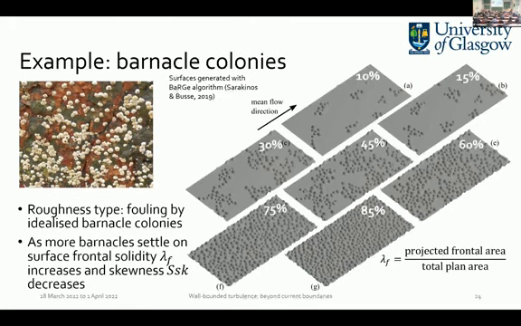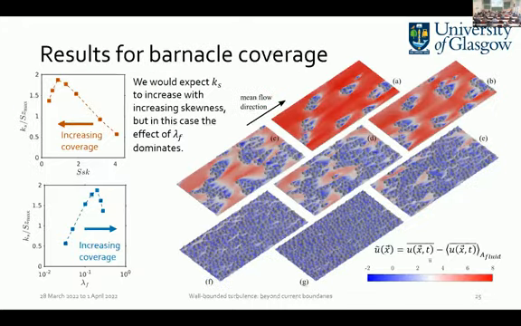So we start off from 10% and go up to 85%. As more barnacles settle on the surface, their planform solidity would of course increase, but also the frontal solidity, and at the same time the skewness decreases. Now here we see just the basic results for this barnacle coverage study.